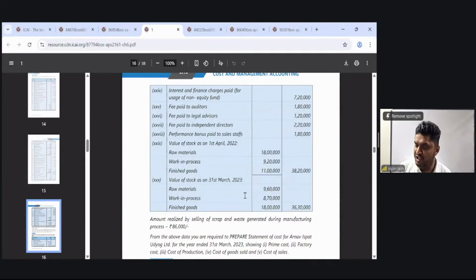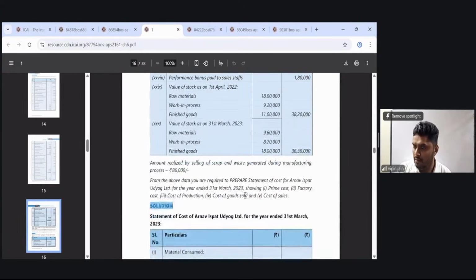It's a lengthy question. So let's start with illustration number 3.